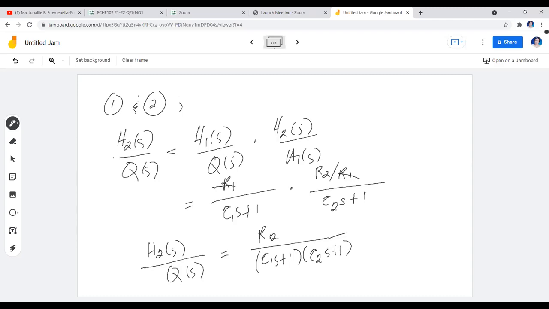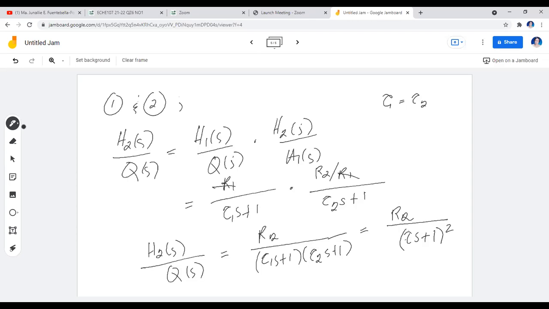If your systems are identical, then we can say that your tau 1 is equal to tau 2. The areas are the same. So this can even be simplified into R sub 2 over tau S plus 1 squared.